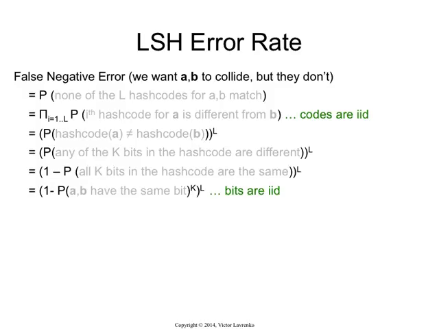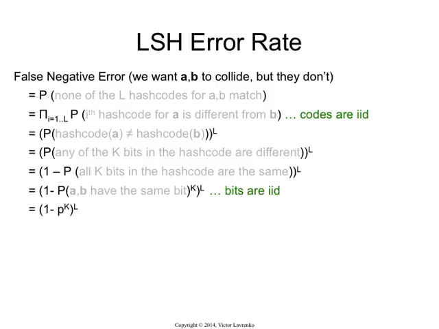The probability that all k bits are the same is the probability that one bit is the same raised to the power of k. And 1 minus that quantity is the probability that any one of the k bits is different.